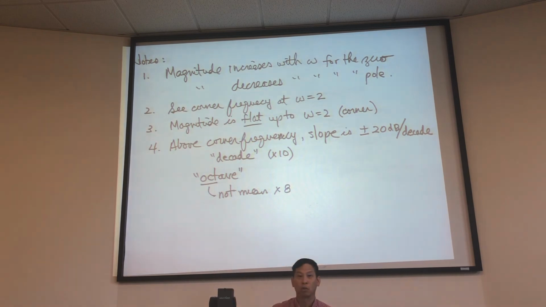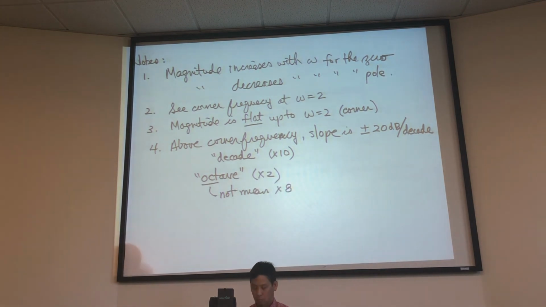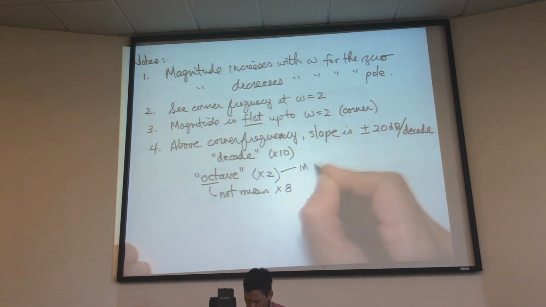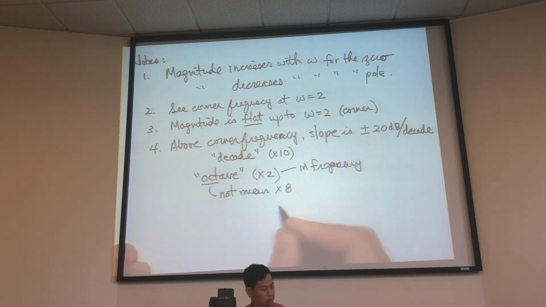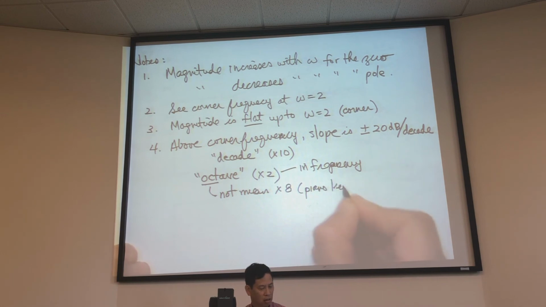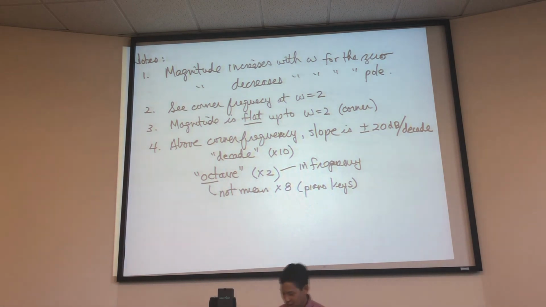There are 8 keys between middle C and the next one up. But the frequency difference is not 8. The frequency difference is times 2. Times 2 in frequency. This is 8 piano keys, but it's not 8 times in frequency. It's do, re, mi, something like that.